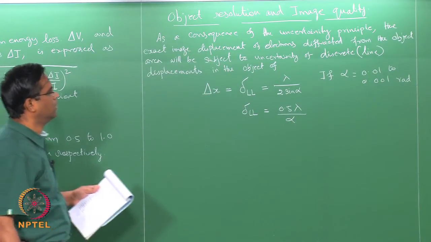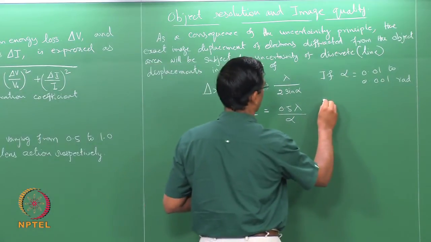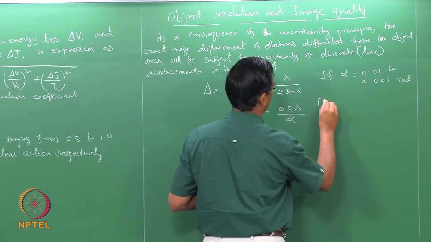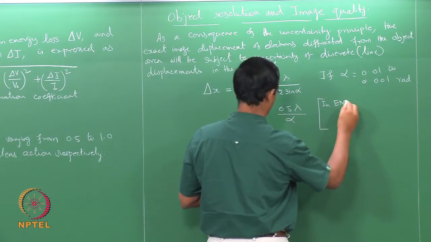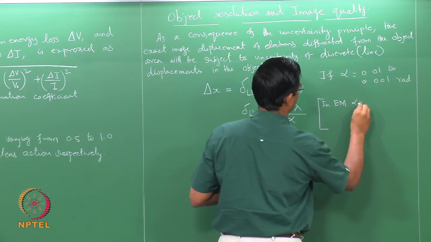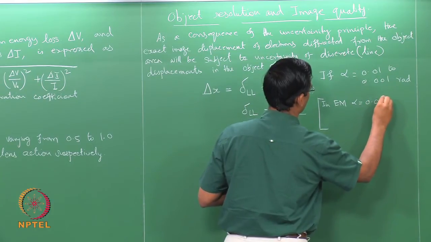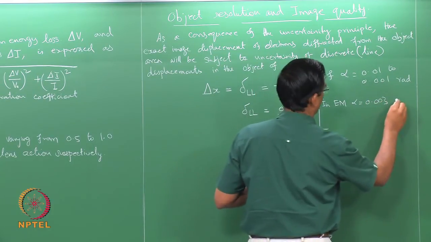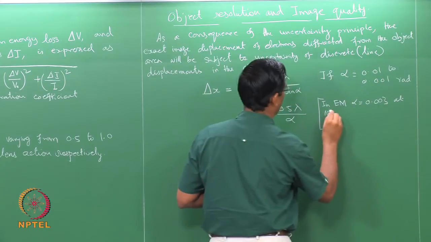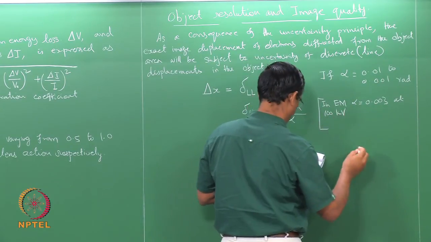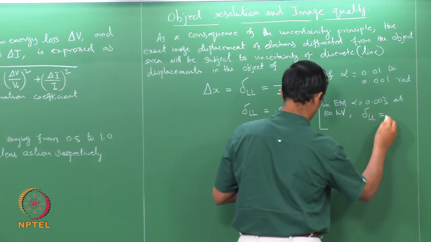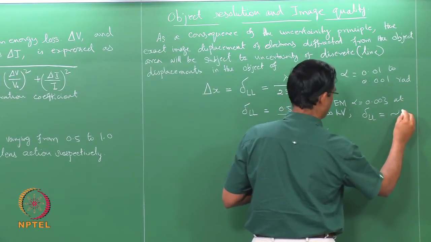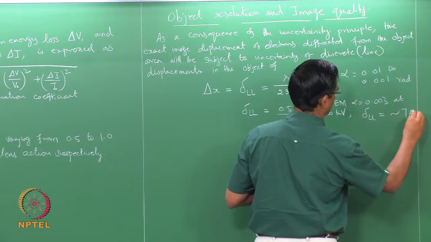For example, you can write in a typical electron microscope, alpha is 0.003 at 100 kV. Your delta LL could be roughly about 7 angstrom.